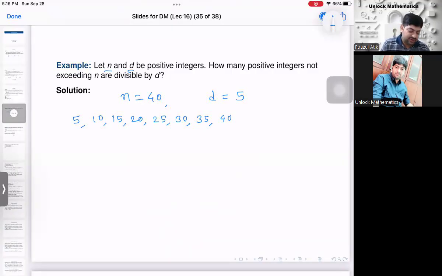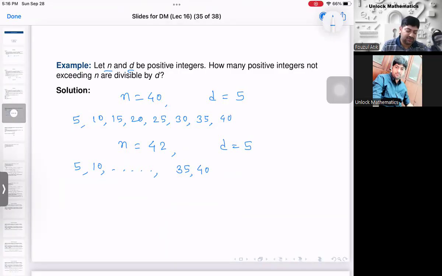Now if I take n equal to 42 and d equal to 5 itself, what are the integers divisible by 5 but not exceeding 42? The answer is the same: 5, 10, 15, 20, 25, 30, 35, and 40, so the answer is 8.